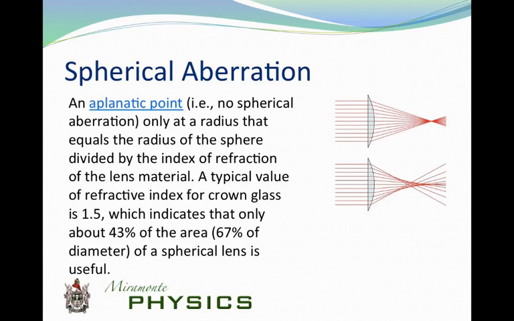So typically for glass, which has an index of refraction of about 1.5, that's about 43% of the area, so 67% of its diameter. Only this much area is actually going to be giving you a useful image. Otherwise, you kind of want to cut the rest out because it's going to cause blurriness.